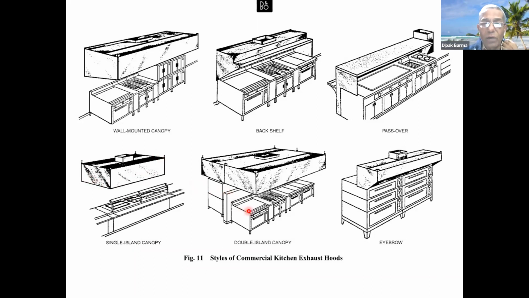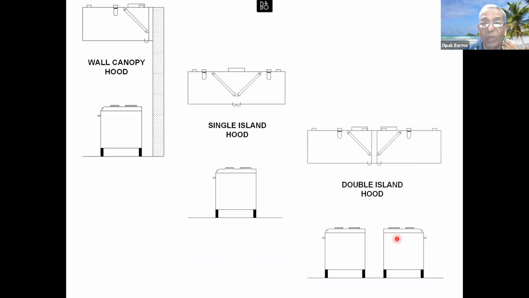You have the back shelf type where you have a shelf at the back, and then you have eyebrow type. If you see it in a section, this is how the wall canopy is, where it's clearly defined here against the wall, and you have, this is what is known as the overhang of the hood.